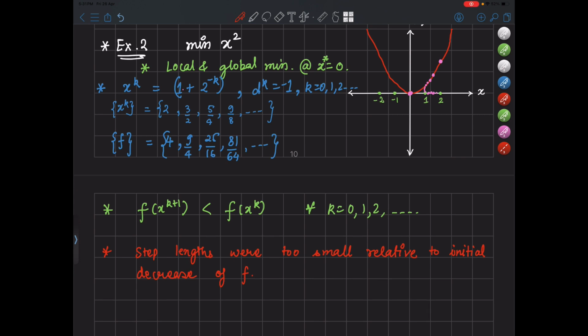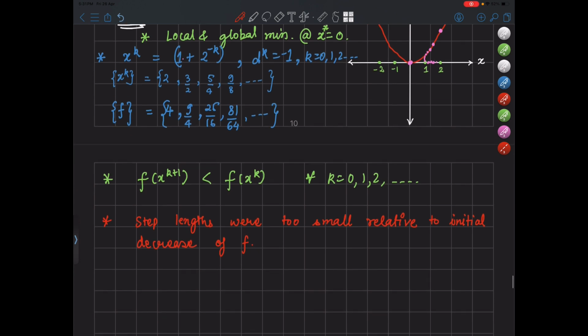Step lengths are very, very small. So this is another learning. We should choose an alpha such that the step lengths are significant relative to the initial decrease of f. So these are the two learnings.